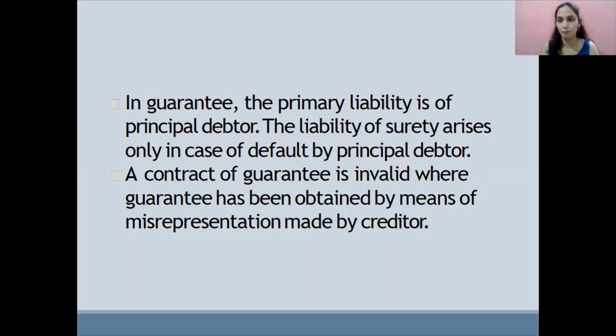For example, if Mr. A takes a loan from a bank, the primary liability is the loan, and the loan amount has been taken by the principal debtor, that is Mr. A, for which C has given assurance for repayment in case of A's default.